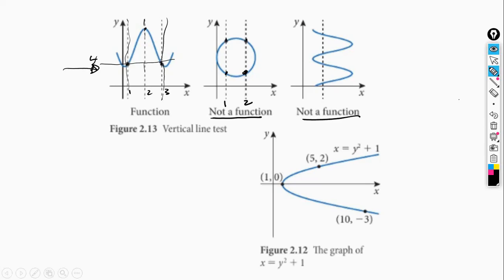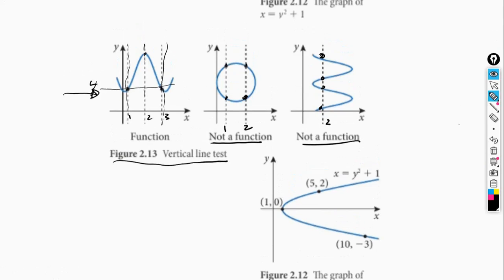Notice that this unique x value, let's say 2, maps to 4 different y values, actually. So you can see that. Therefore, this is not a function. And this is something called the vertical line test. So basically, if you draw a vertical line through a graph and it goes through the graph more than once, then you can say it is not a function.